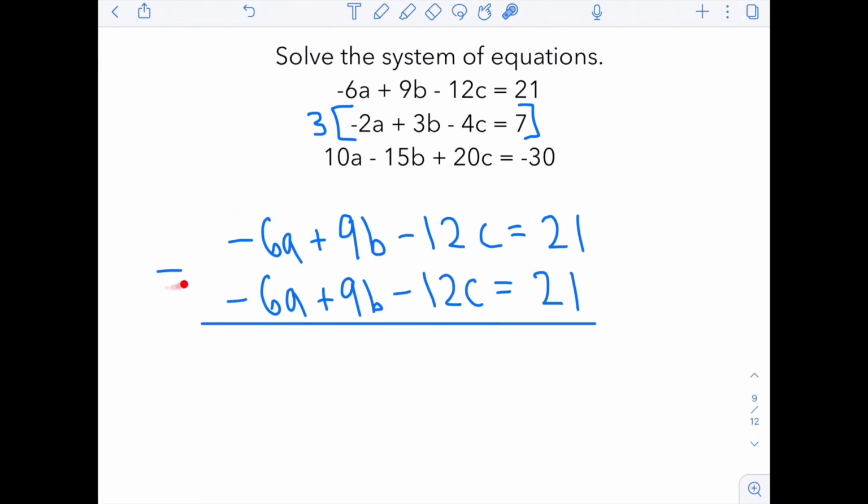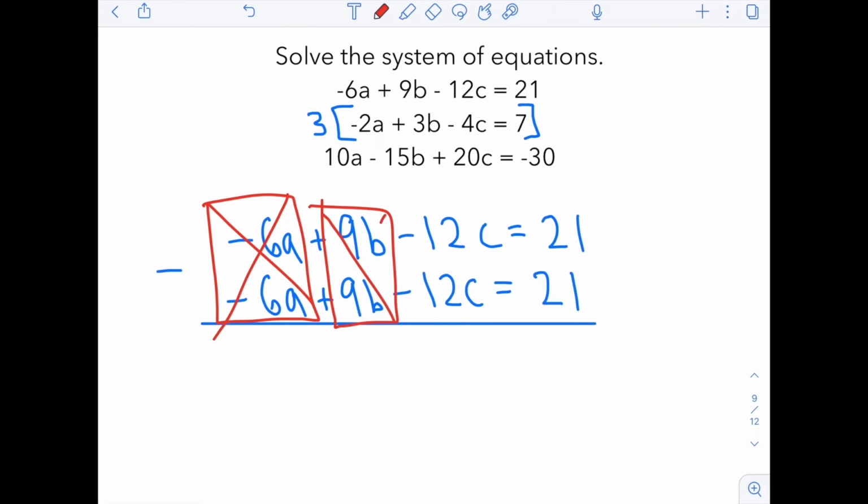So -6a minus negative 6a is the same thing as negative 6a plus 6a, which is 0. So that cancels out. And 9b minus 9b is also 0, so that cancels out. And negative 12c minus negative 12c equals negative 12c plus 12c, and that also equals 0.